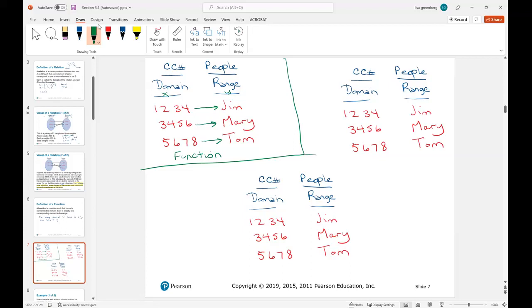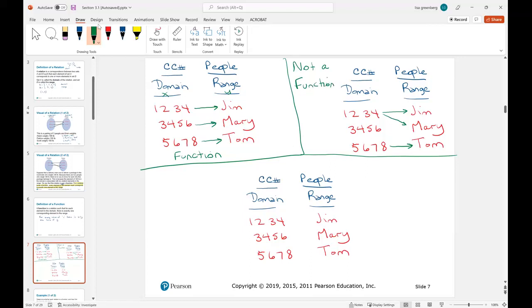All right, now let's look at the next one. So let's say I do this one and I'll make arrows. So now, is this a function? Well, it's not. This is not a function. And let me explain why.